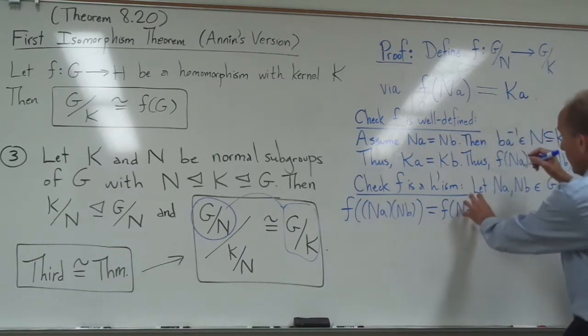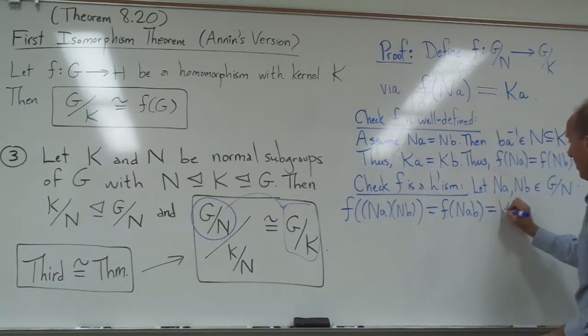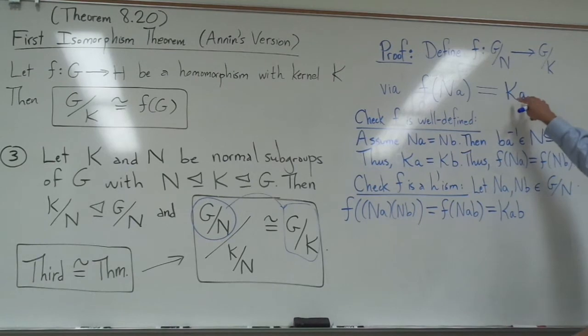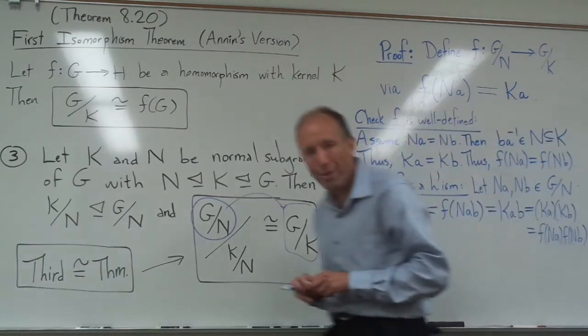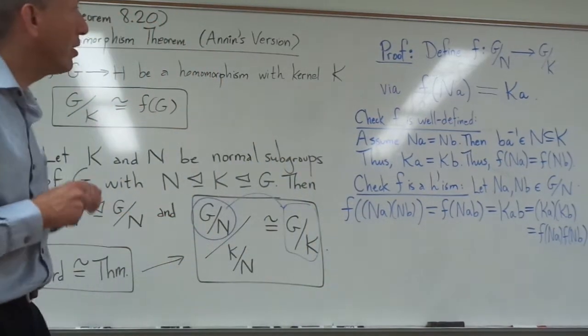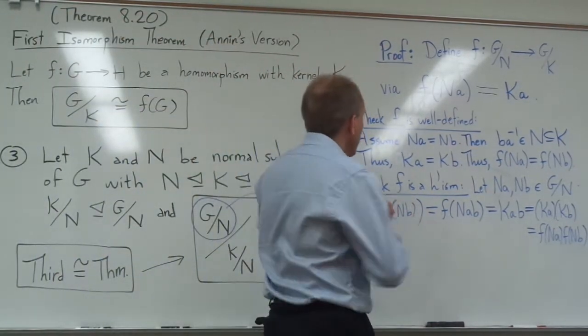And now I have a single coset that I can just apply my formula to. It's supposed to be Kab. But then that can be broken up as Ka times Kb. And that is just f of Na times f of Nb. So it's straightforward to verify that the function that I defined is actually a homomorphism.